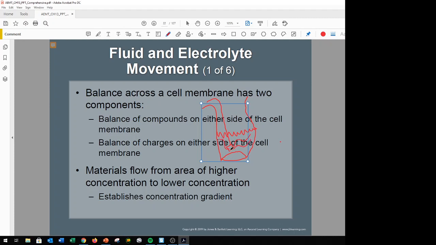Maybe it's water, you put a cherry type flavor in there. It's going to change it all to cherry, right? That's simple diffusion. That's all we're talking about: we're moving from an area of lower concentration to higher concentration. I'm sorry, higher concentration to one of lower concentration.